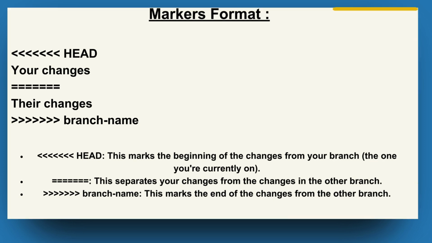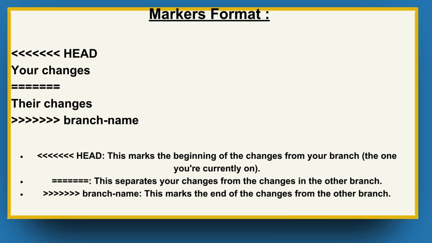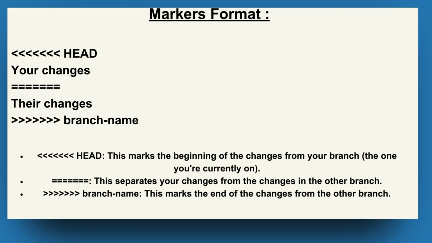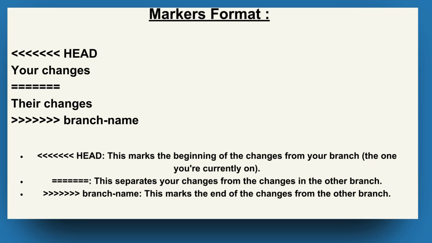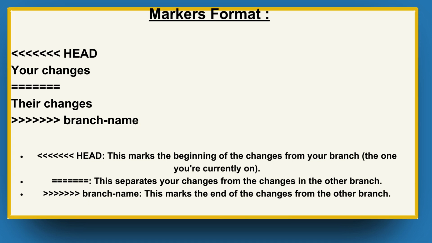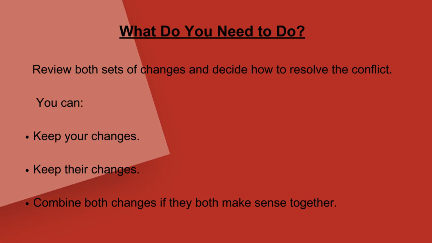What are the changes you have done? The next is the separator, which separates your changes from the teammate's changes. And their changes are the changes which the teammate has done. The last one is the branch name, that is the branch in which the teammate is. So two different branches are there, and what are the two different changes?